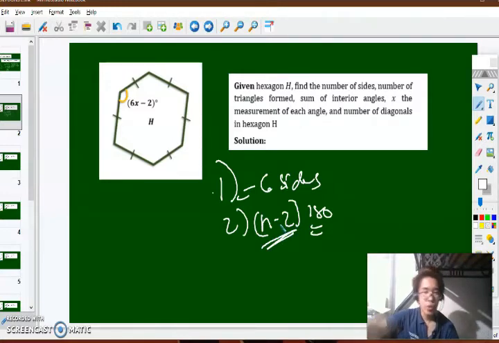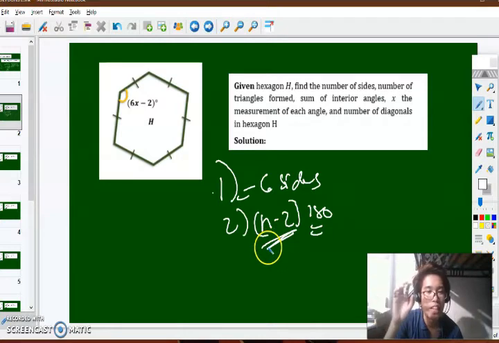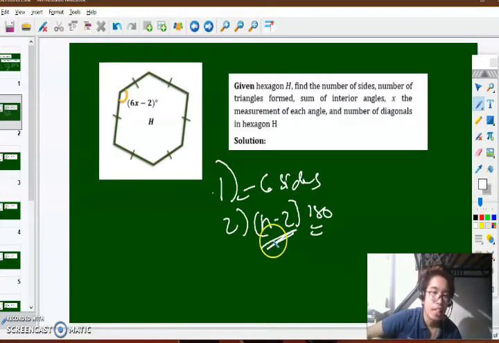To get the measurement of the entire interior angles of a polygon, you have to multiply the number of triangles in a figure times 180. That's how you get the sum of the interior angles for any polygon. For this problem, we have n minus 2, the total number of triangles in any given polygon.